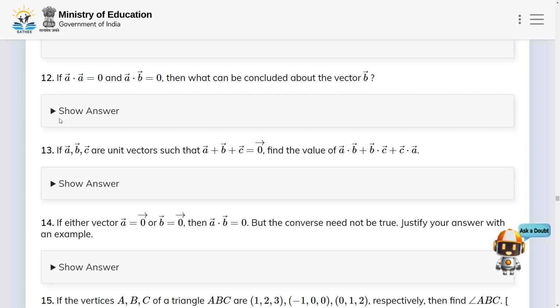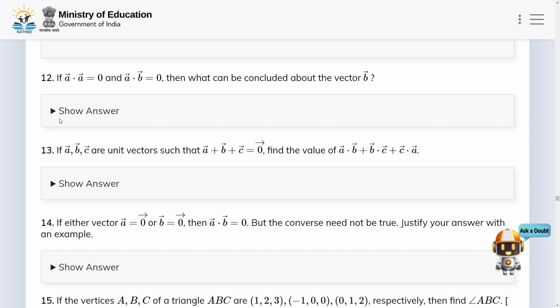And you know the dot product is 0. This means what? This means you will have a 90-degree angle, but A with itself cannot make a 90-degree angle. So the angle is 0.